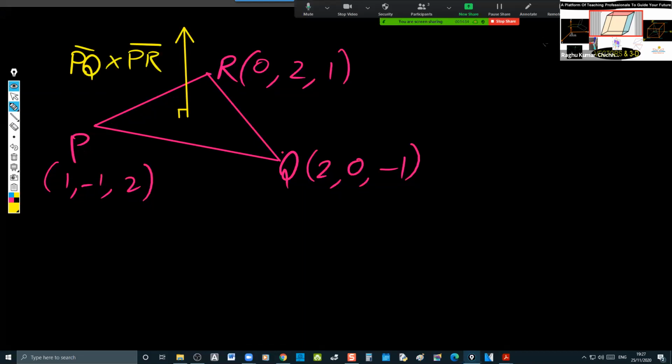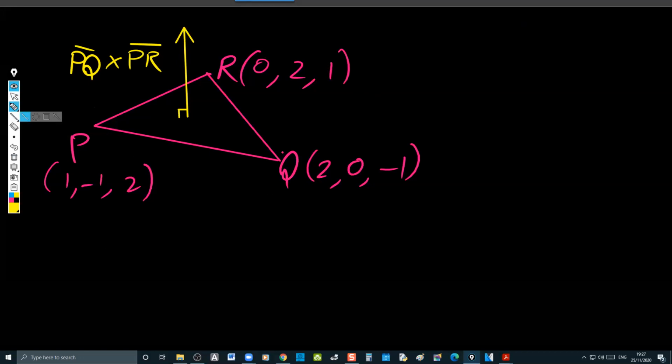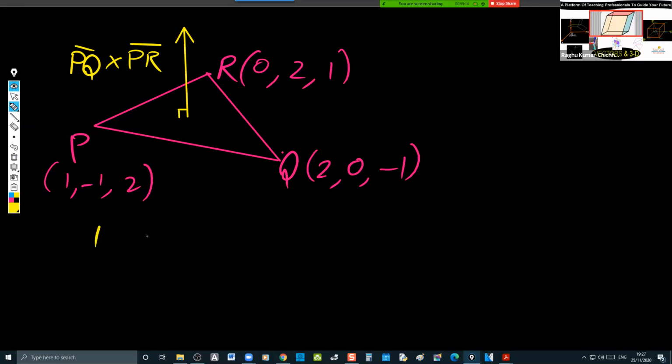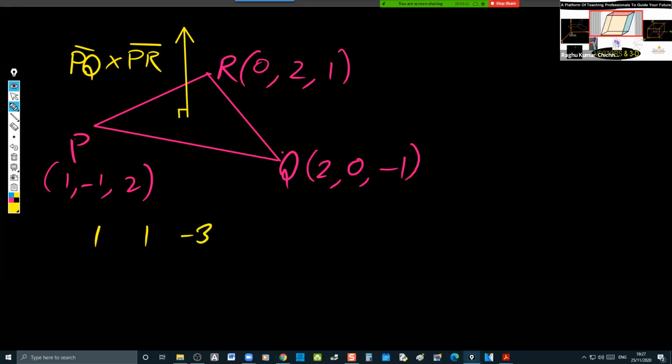What is PQ bar? He replied that as cross product. Let me write whatever we need. PQ bar is needed: OQ minus OP. That is 2 minus 1, 1; 0 plus 1, 1; minus 1 minus 2, minus 3. That's good. And PR bar: OR minus OP.